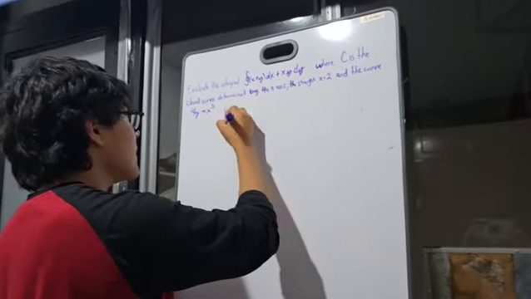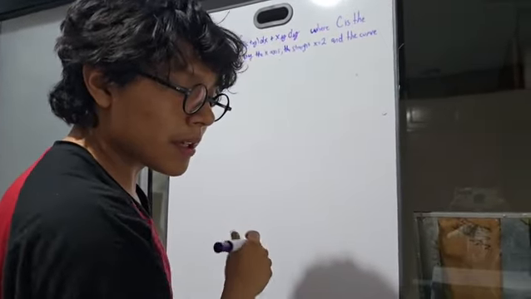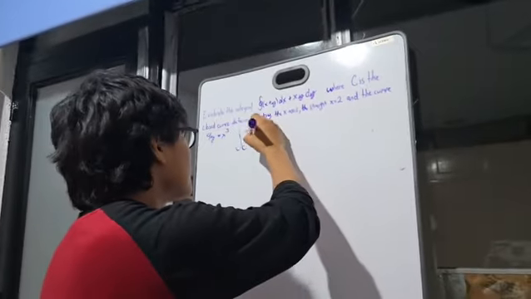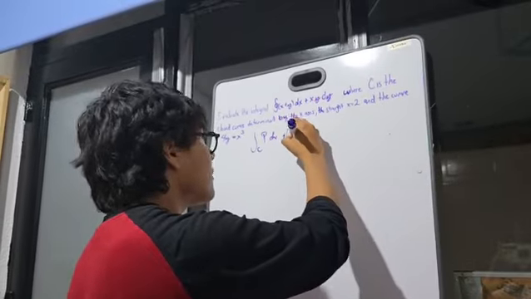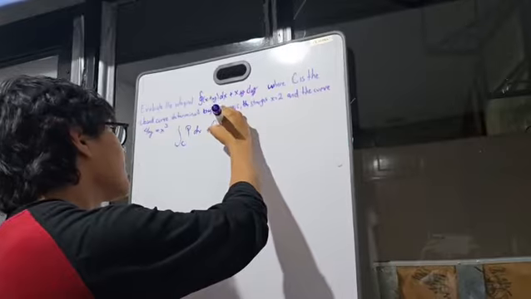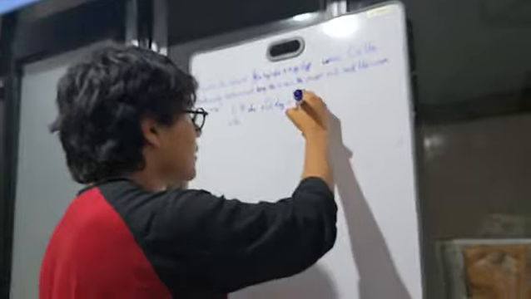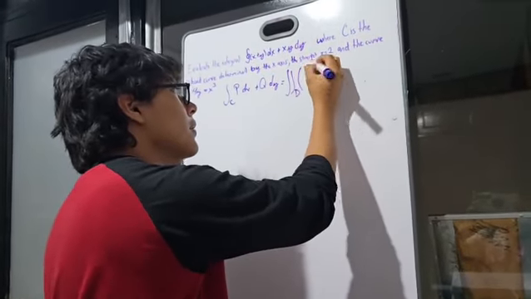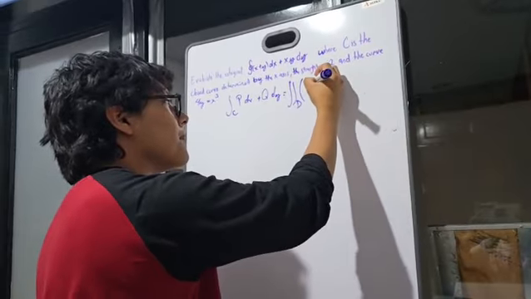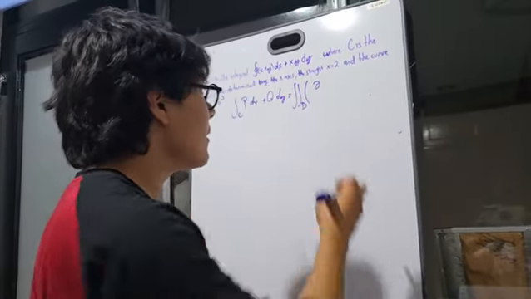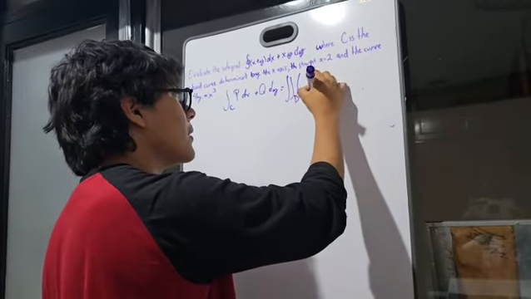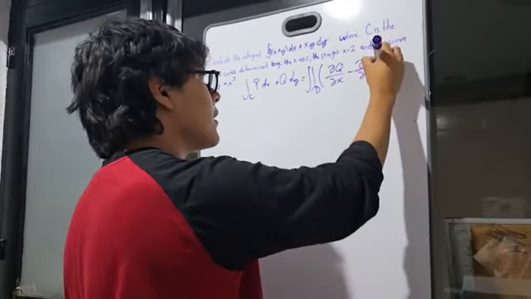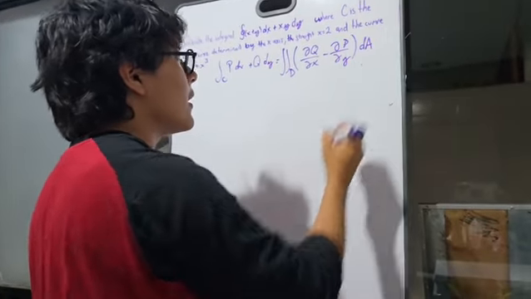Green's theorem states this: the integral of P dx plus Q dy is equal to the double integral of the derivative of Q with respect to x minus the derivative of P with respect to y, dA.